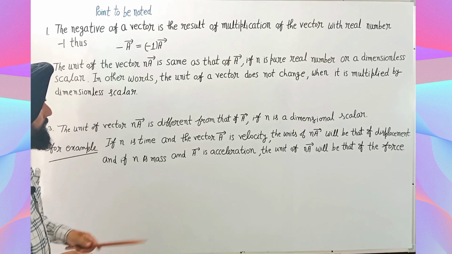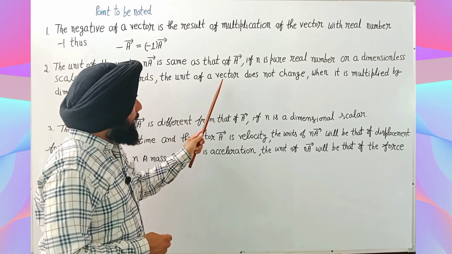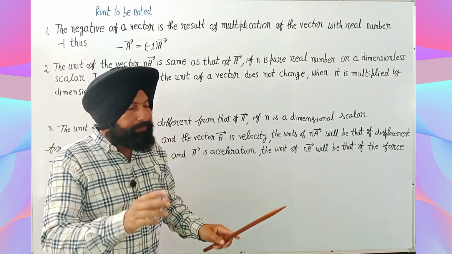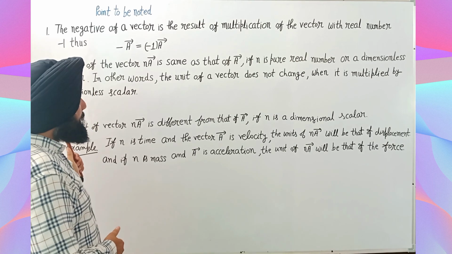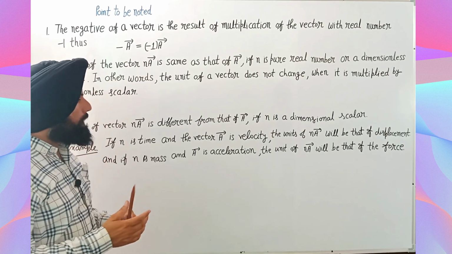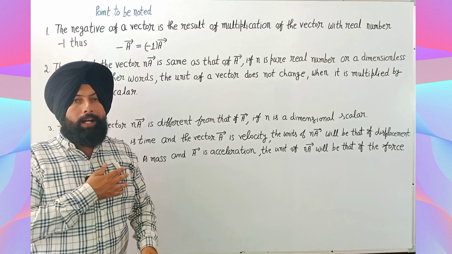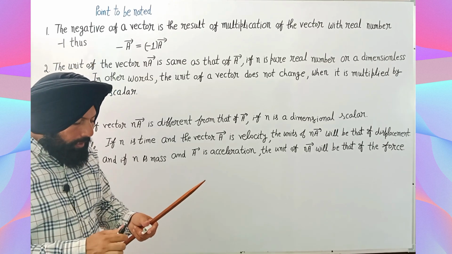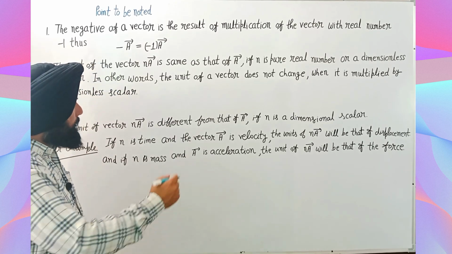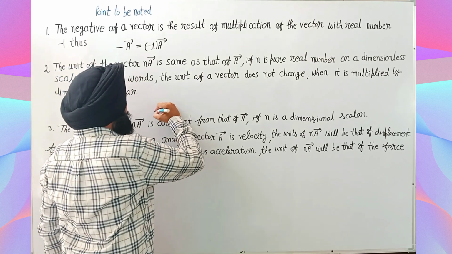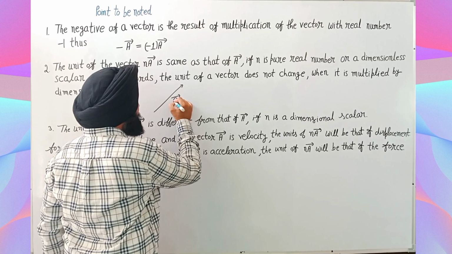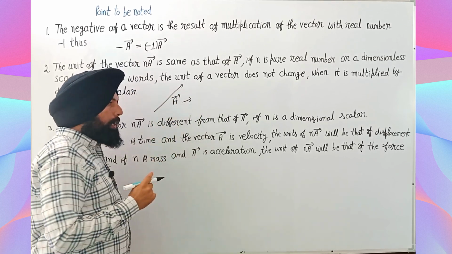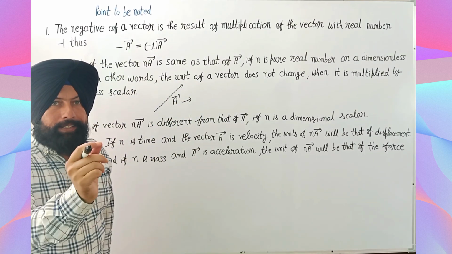In other words, the unit of a vector does not change when it is multiplied by a dimensionless scalar. What does it mean? Let us explain. Suppose this is a vector A. Represent acceleration.